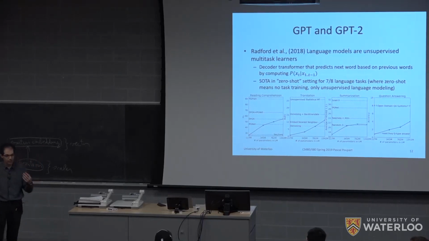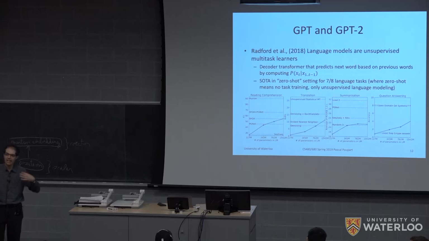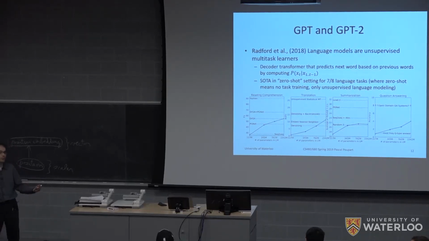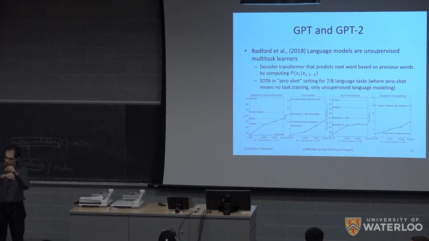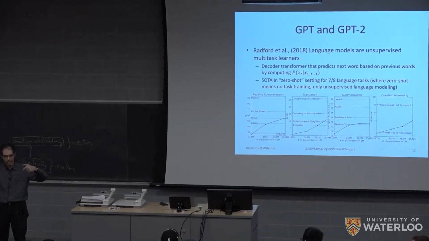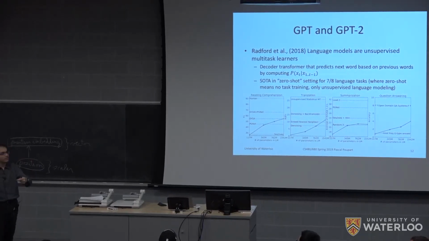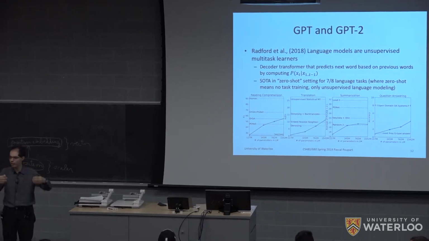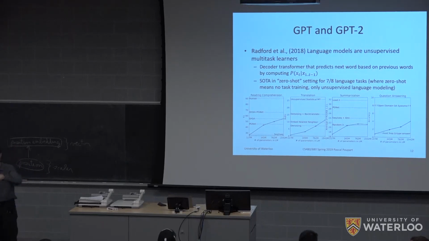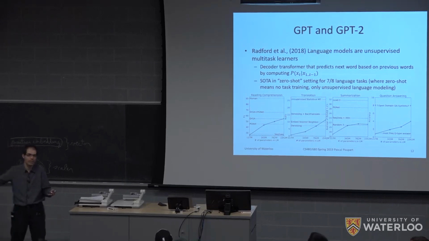And it turns out that a lot of tasks in natural language processing can be formulated as some form of language modeling. So if you take machine translation and you concatenate the input sentence and the output sentence into just one long sequence, and now let's say you've got a language model that simply predicts what is the next word in the sequence, and furthermore, let's say that this language model doesn't care about whether it's English or French or any language, it just predicts the next word in the sequence, then you can train it to essentially do translation, right?